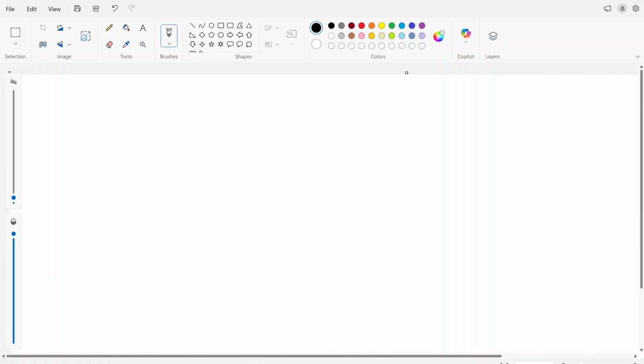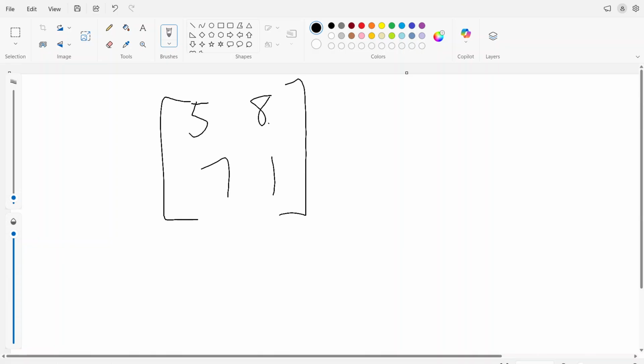Say we have this matrix, [5, 8; 7, 1]. The number 8 is in row 1 and column 2. After transposing, it moves to row 2, column 1. So the result looks like [5, 7; 8, 1], where the number 8 moved to row 2 and column 1.